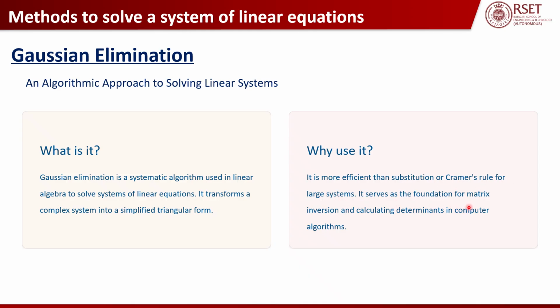It serves as the foundation for matrix inversion and calculating determinants in computer algorithms. It is considered one of the most efficient and easiest methods, because for many systems of linear equations it is very easy to solve. That's why we mainly use the Gaussian elimination method.